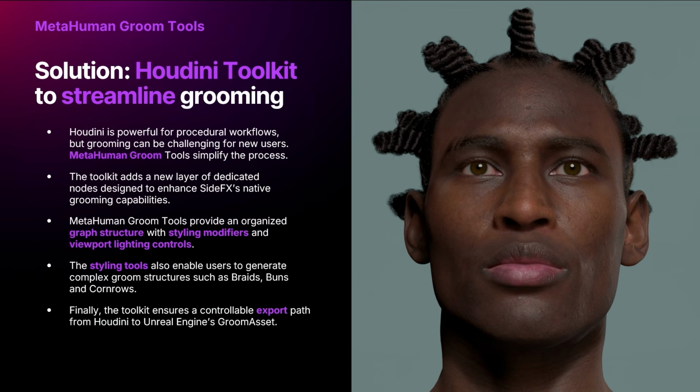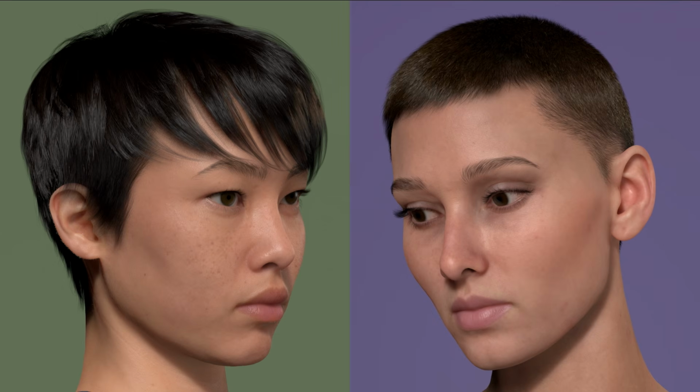With MetaHuman styling tools, artists can create complex structures like braids, buns, and cornrows, all with less manual labor and faster iteration. Here, we are looking at two short hairstyles fully compatible with MetaHuman integration.